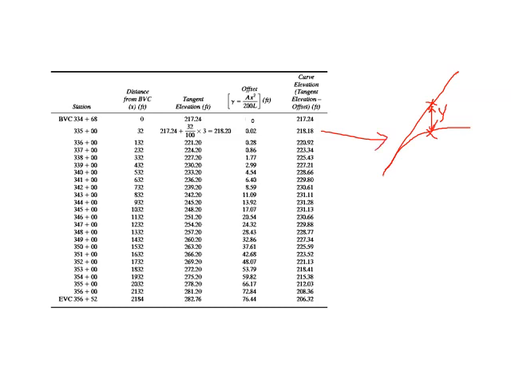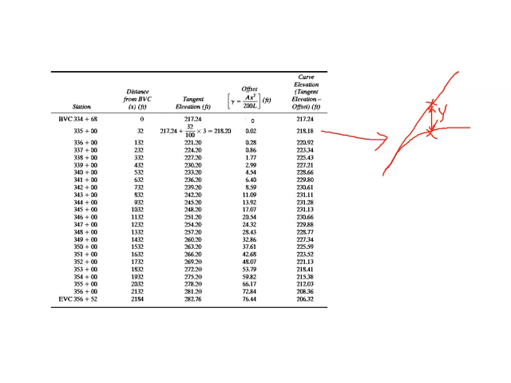Then for each point you will repeat the same process. You just have to change the value of x. At each point you are adding 100 feet each time, so x will increase by 100 feet and everything will change according to x. The last point is EVC. The last station will be 356.